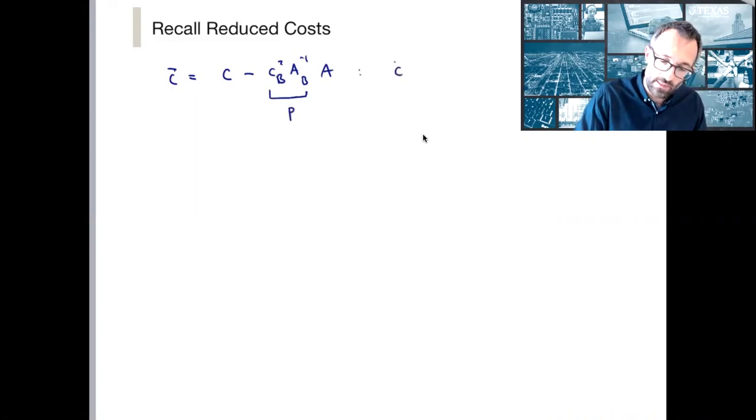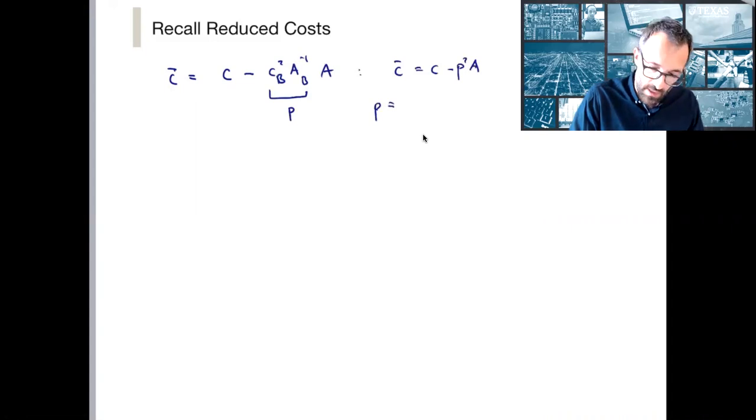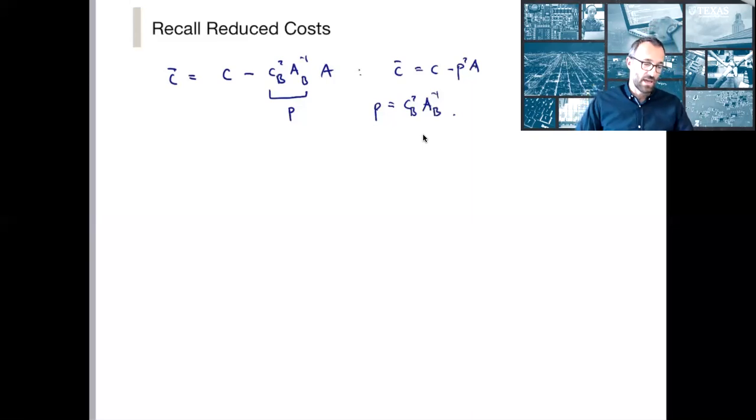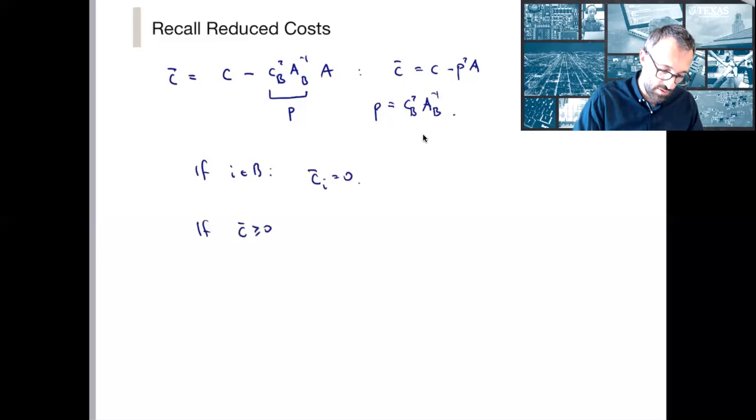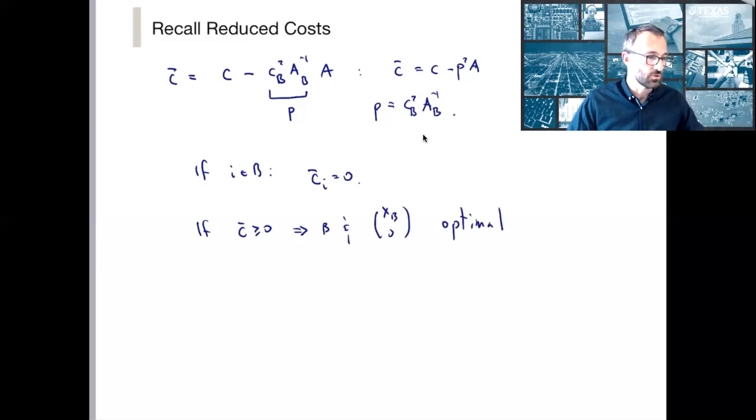So I'm going to write c bar is equal to c minus p transpose A, where p is equal to c_B transpose A_B inverse. And recall that if i is in B, then c bar i is equal to 0. And if c bar is greater than or equal to 0, then my basis and the resulting solution, x_B and 0, is an optimal solution.